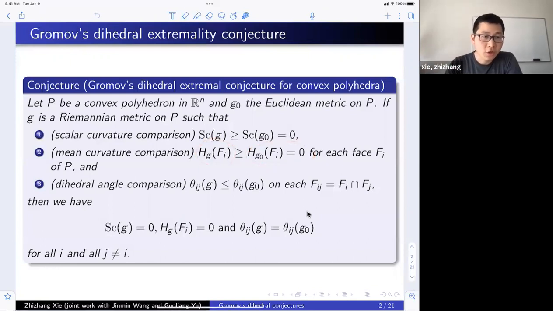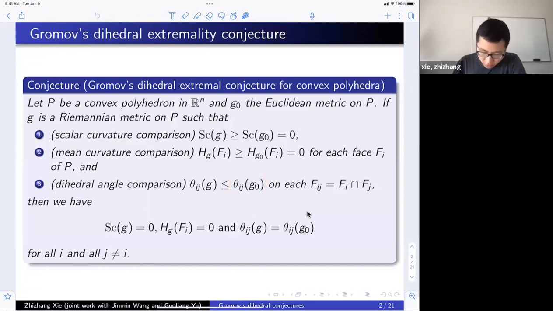Then the third one is the dihedral angle comparison, which says the dihedral angles of the new metric, where the faces meet, are supposed to be less than or equal to the dihedral angle of the original metric.